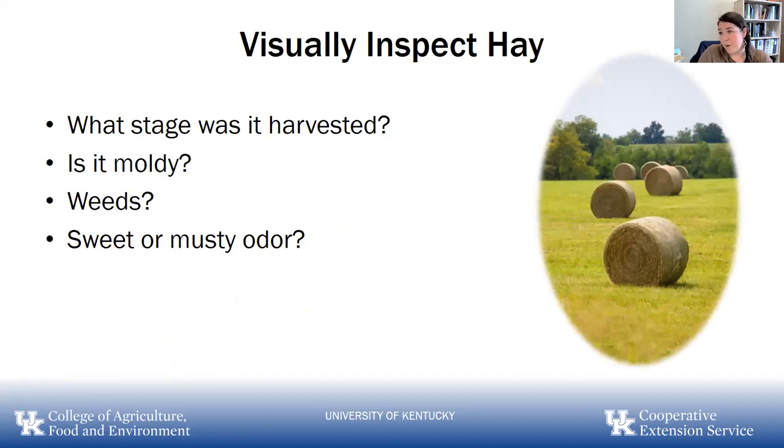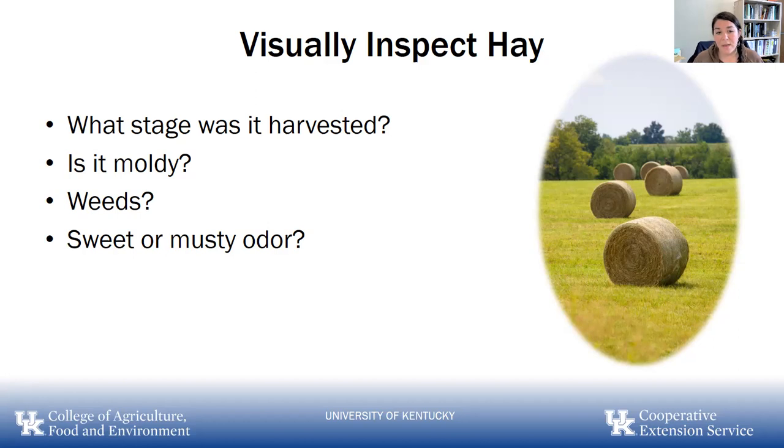All right, the first thing you want to do, obviously, is test your hay. For those of you that don't test your hay or are interested in testing your hay, that's a pretty simple process. We have hay probes at the office that you can check out, or you can purchase them yourself through various ag websites or through some different ag companies here locally. That probe attaches to the end of a drill, and you're going to want to drill in the side or the crossways into the hay.